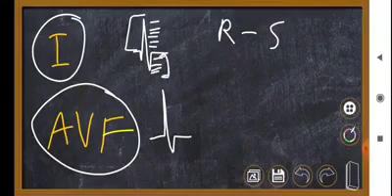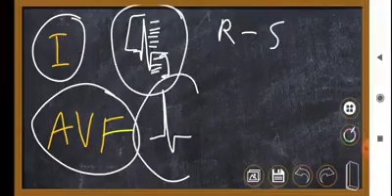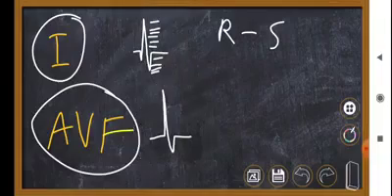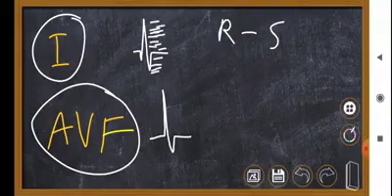So if we calculate, suppose these two are drawn on an ECG paper, and now we want to calculate the small squares in the R wave, be it 1, 2, 3, 4, 5, 6, 7.